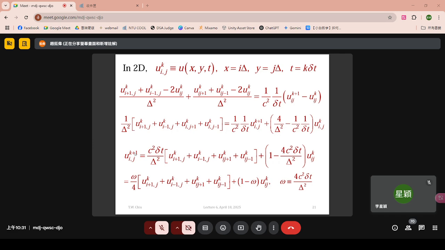So this diffusion process in time is similar to the iterative process in the Jacobi iteration for solving the Laplace equation.